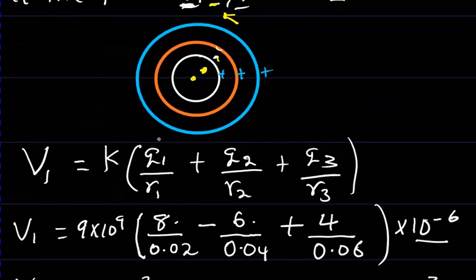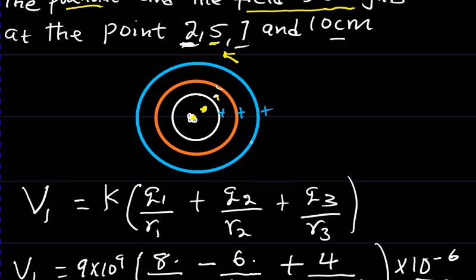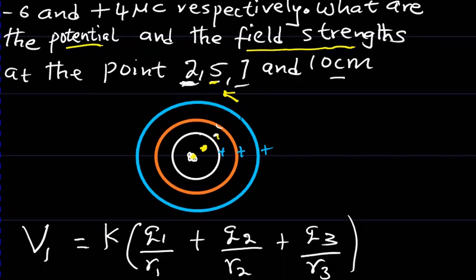The radius of the first sphere is 4 cm, the radius of the second sphere is 6 cm, and the radius of the third sphere is 8 cm.